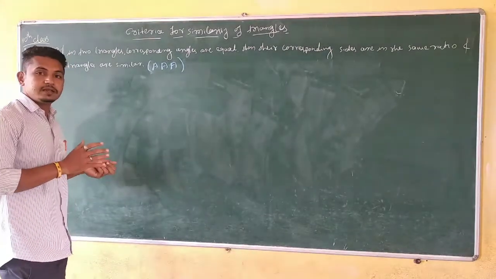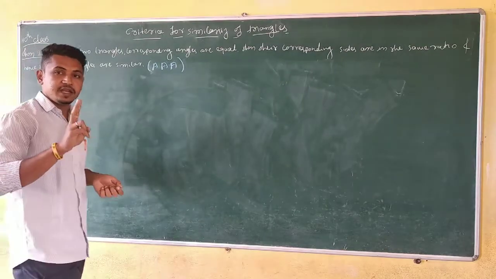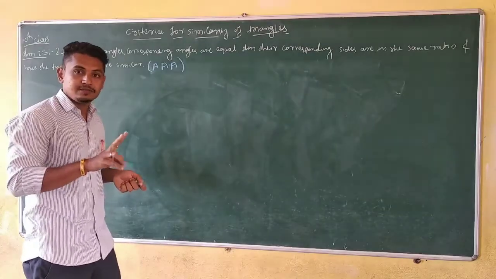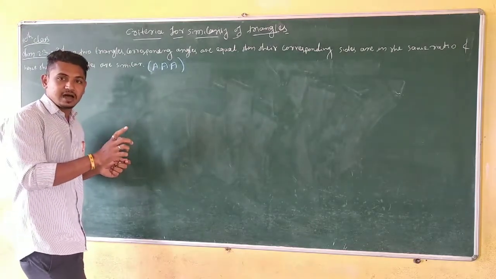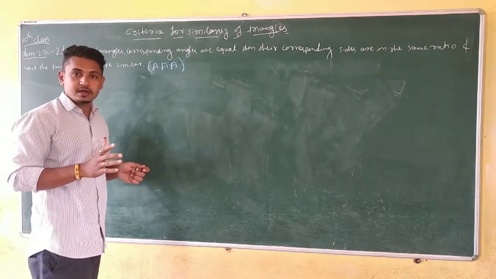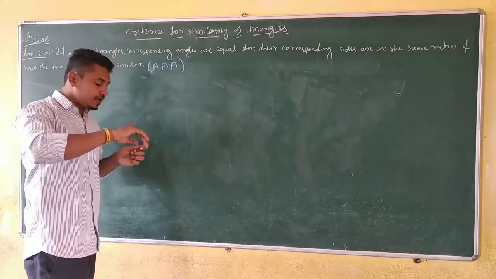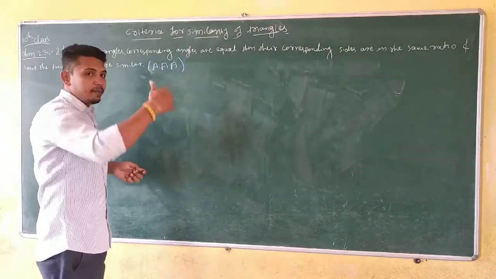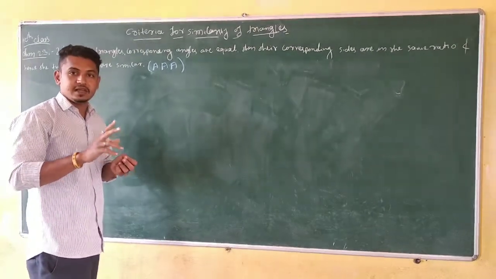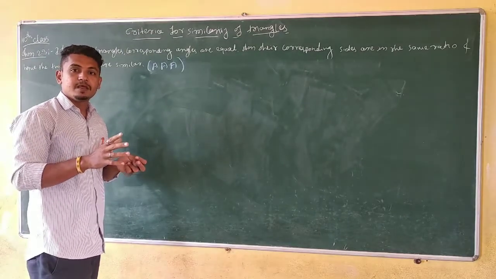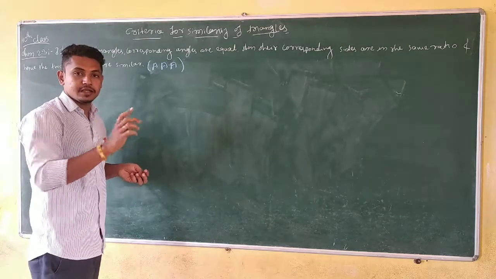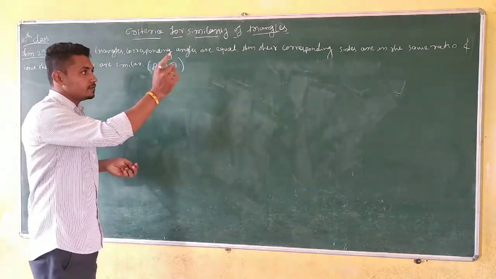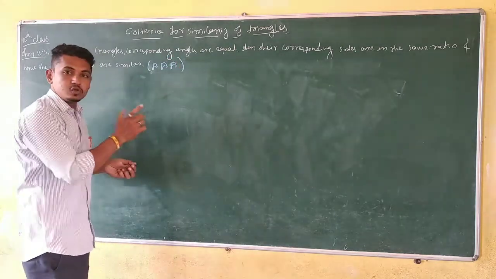What does it mean? If any two triangles have their corresponding angles equal to each other, then the remaining three corresponding sides must be equal in ratio. So this concept we now have to prove.